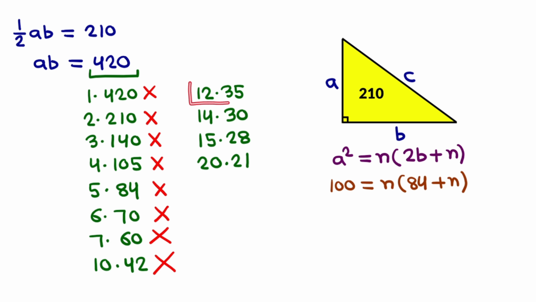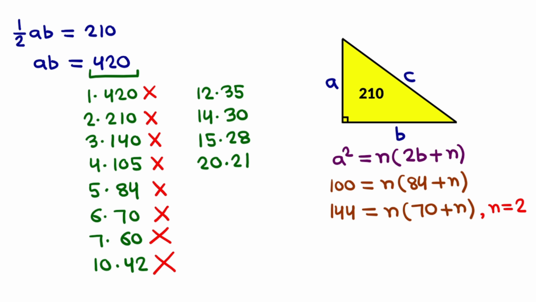Next, 12 and 35. Now a squared is 144 and 2b is 70. So we have 144 equals n multiplied by the quantity 70 plus n. What if n equals 2? 2 times the quantity 70 plus 2 is 2 times 72, which is exactly 144.